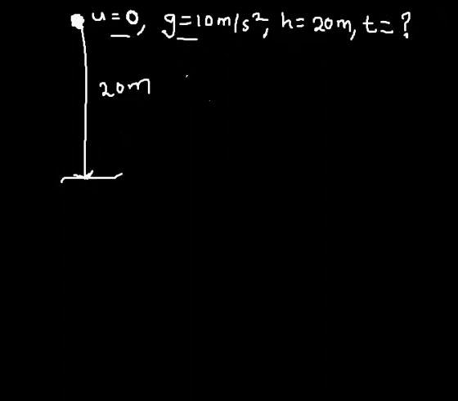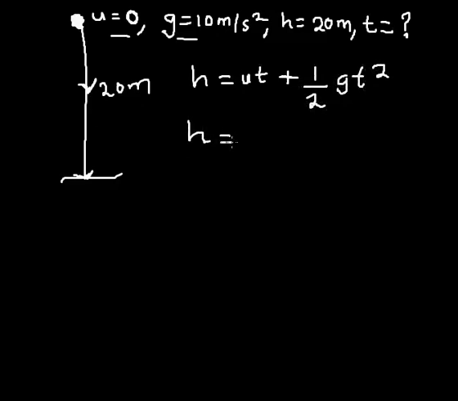That is the second equation. Remember, h is equal to ut plus, not minus this time, it's plus because it's downward projection. ut plus half gt square. So h is going to be equal to u, which is 0, times t, that's what I'm looking for, then plus half.